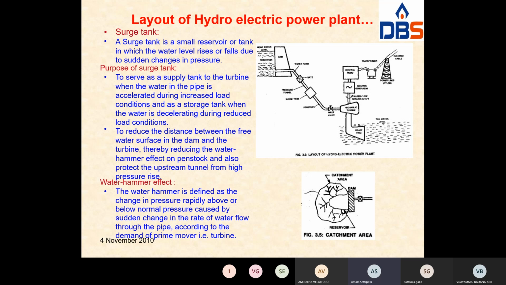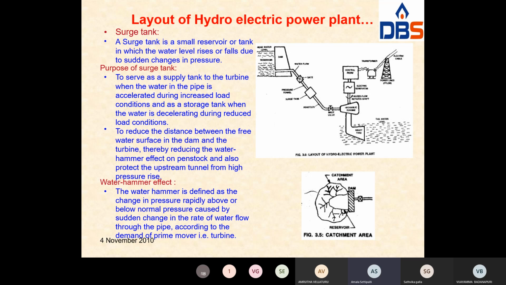Whenever the water comes from the reservoir, it comes in very high quantity. If such a tank were not present, the large amount of water would come directly from the penstock to the turbine. Whenever the large pressure water goes to the penstock, the pressure will be damaged.